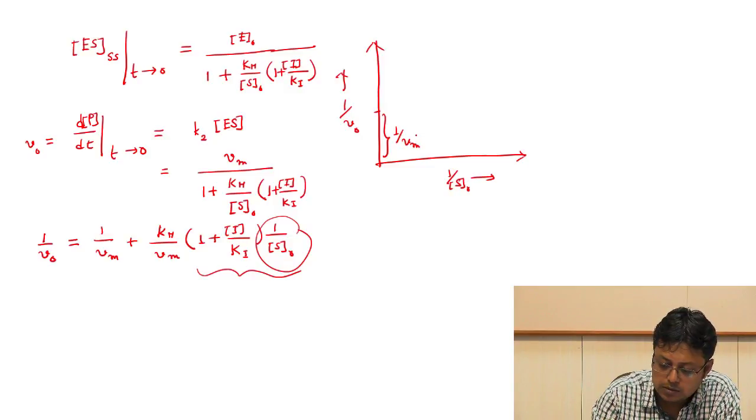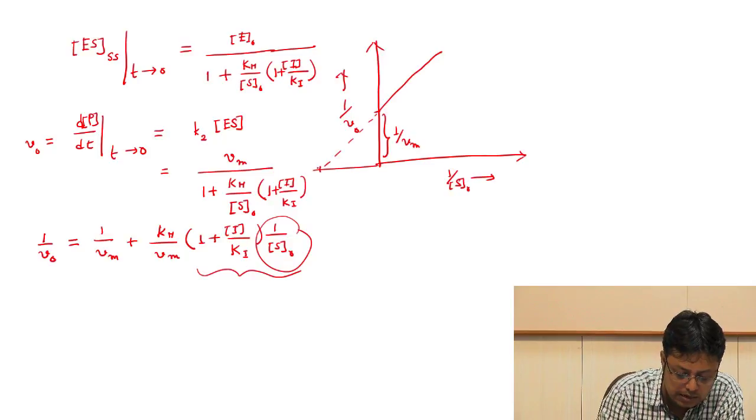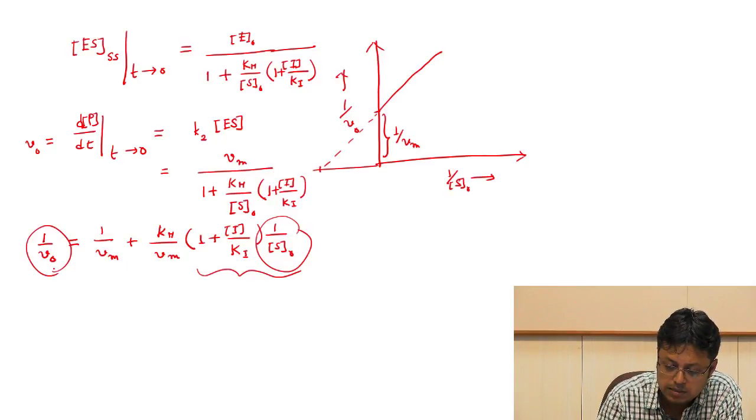Now, if you ask at what point the line crosses the x-axis if we extrapolate it, for that we have to take 1 over V0 equal to 0, because that's the x-intercept, and at that point we can easily figure out the value of 1 over S0. We take it to the other side, it will be minus 1 over Vm.